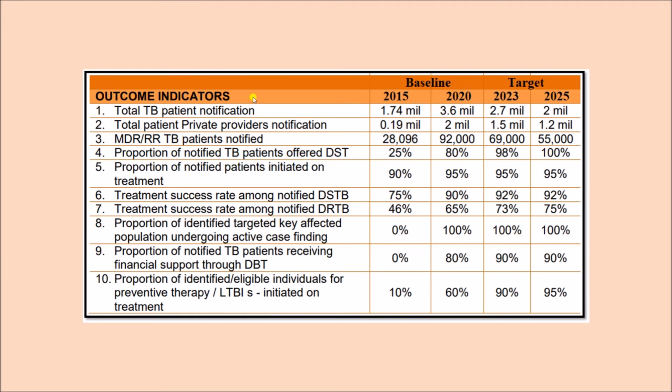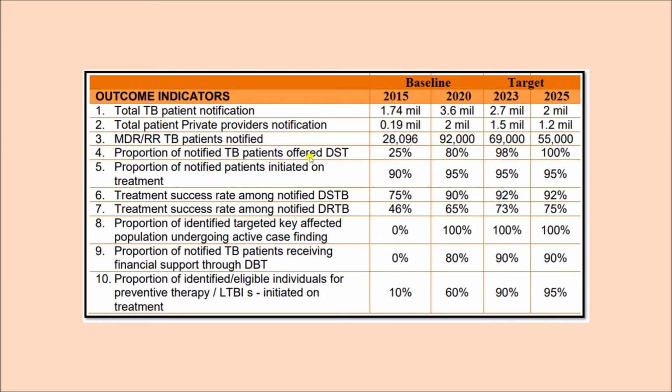We also have outcome indicators. Again, we have the baseline data for 2015 and 2020 and the target for 2023 and 25. So what are the indicators here? Total TB patient notification, total patient notification by private providers, multi-drug resistance or rifampicin resistance tuberculosis patients notified. So how many of the drug resistant tuberculosis patients are being notified?